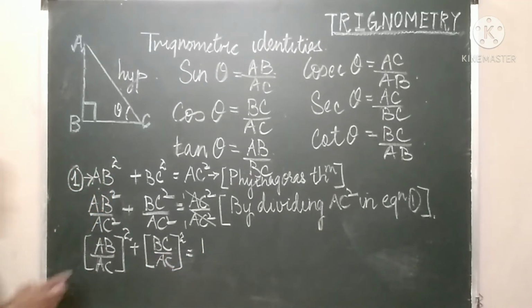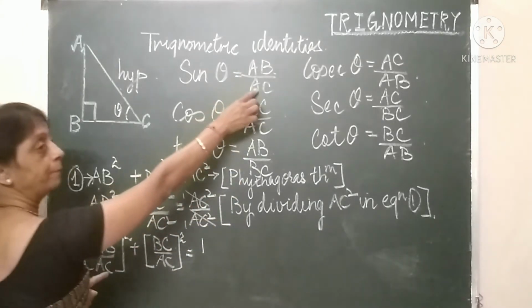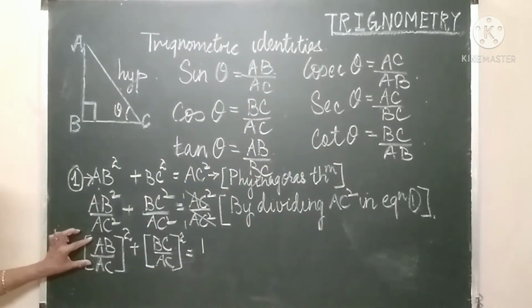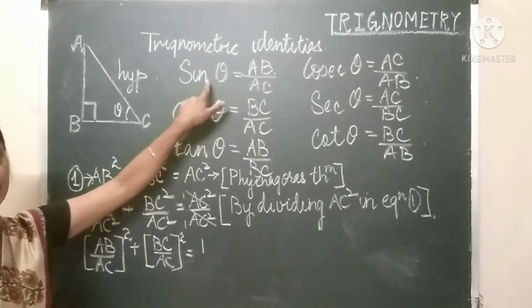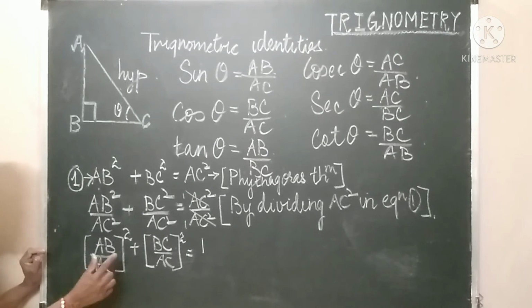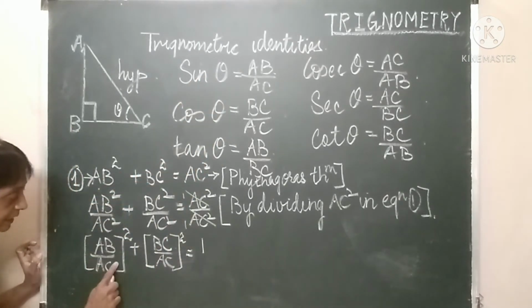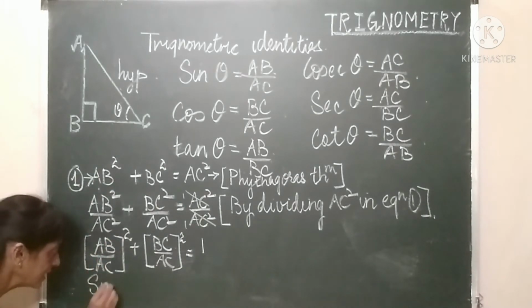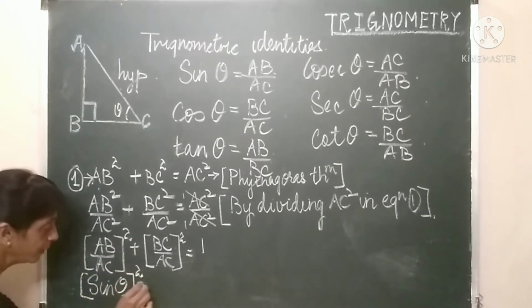Now children, with reference to whatever we have got on the left hand side, let's compare it with all the ratios that we have already written. Do we have AB upon AC? Definitely. What was AB upon AC? It was sine theta. That means for AB upon AC, we can substitute the basic function sine theta. But it is squared, so we write sine of theta the whole square.